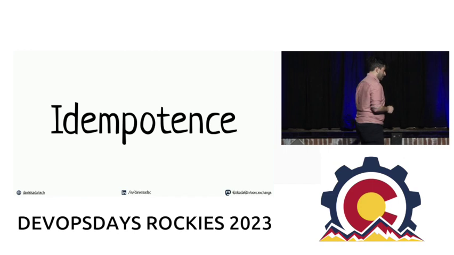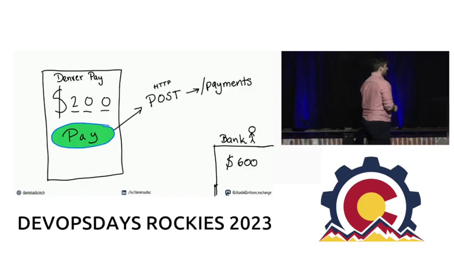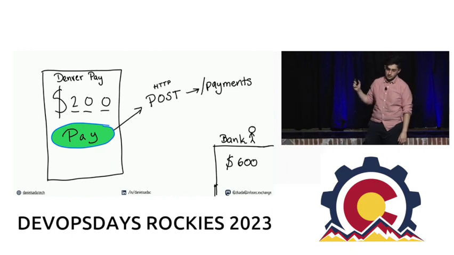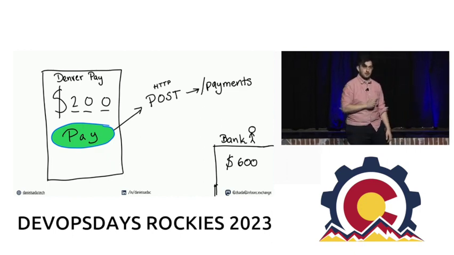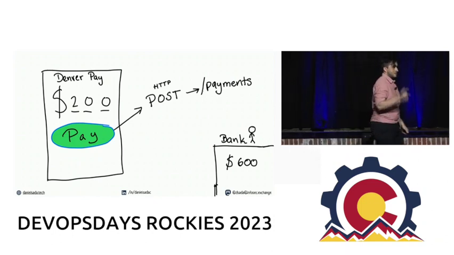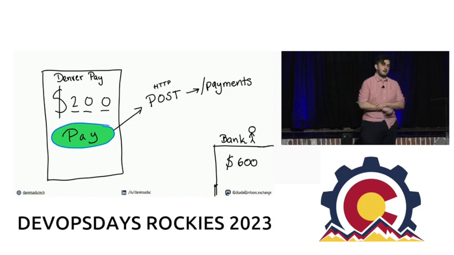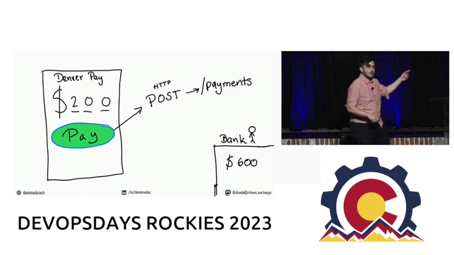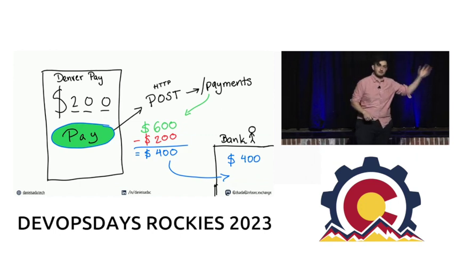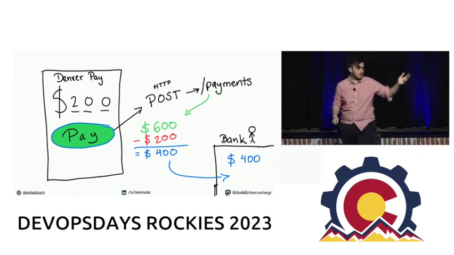Let's talk about idempotence. Imagine you have this app called Denver Pay, in which you can pay somebody $200. We have a REST endpoint, which is an HTTP POST to /payments. If you pay $200, it gets deducted from your bank account, and then you have $400, right?